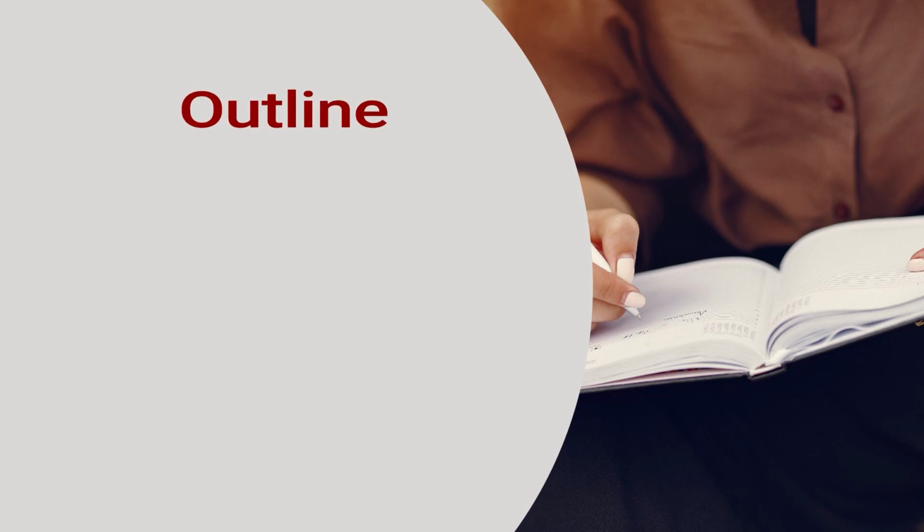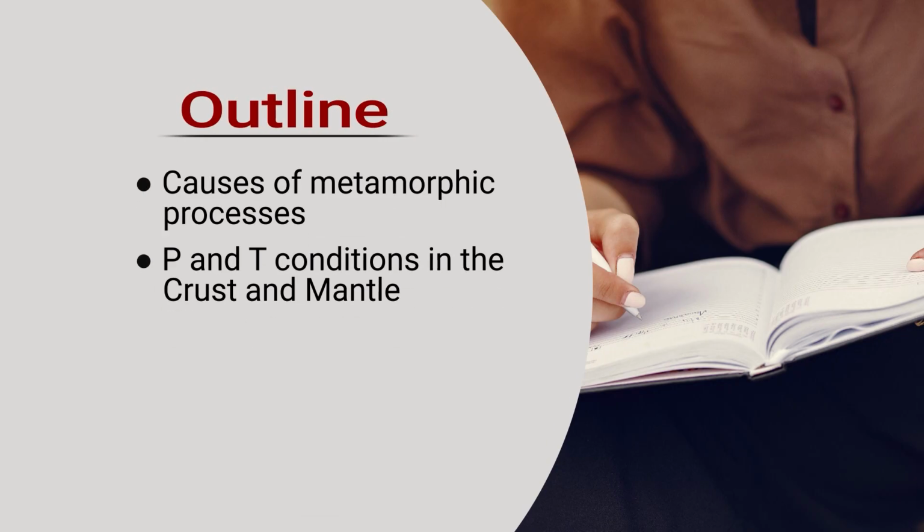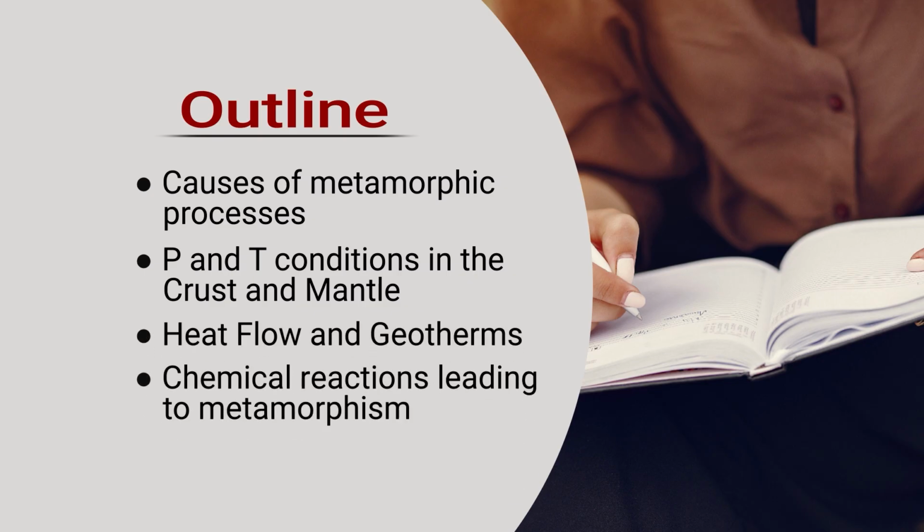The outline of my talk will be as follows. First, I will explain the cause of metamorphic processes. I will also tell you how the PNT conditions in the crust and mantle cause metamorphism. A brief introduction will be given to you about the heat flow and the geotherms and what are the applications.